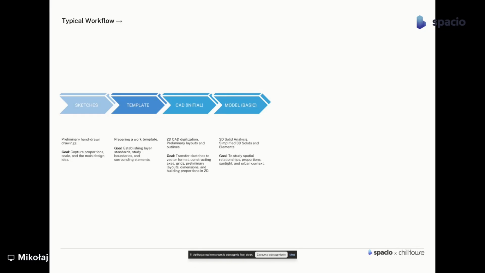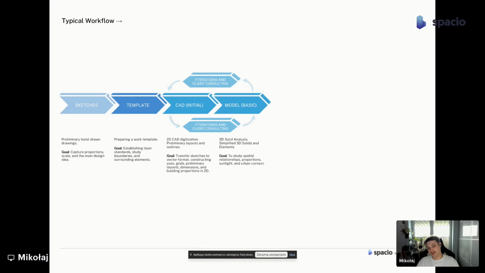You go to 3D, check how it looks, try different options, and then rinse and repeat. You consult with the client, you consult inside your firm, you go back to CAD, back to the model, and back and forth. After you finish this preliminary phase, you usually go to detailed CAD modeling.